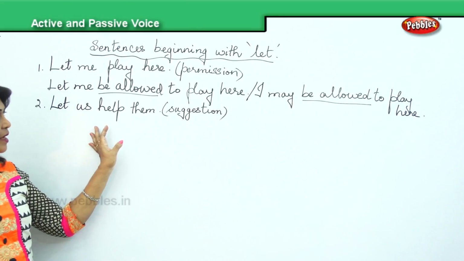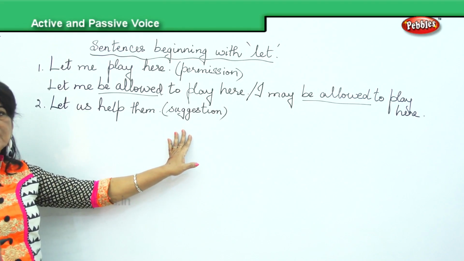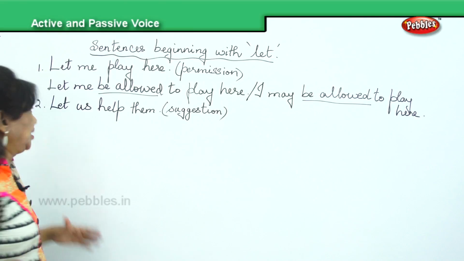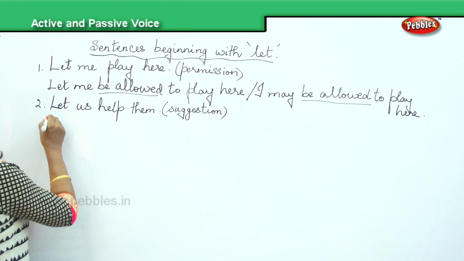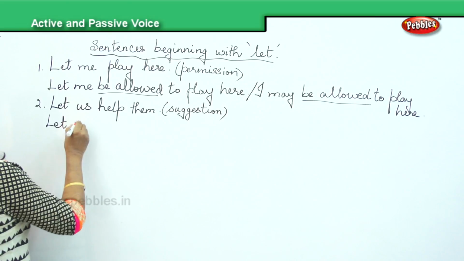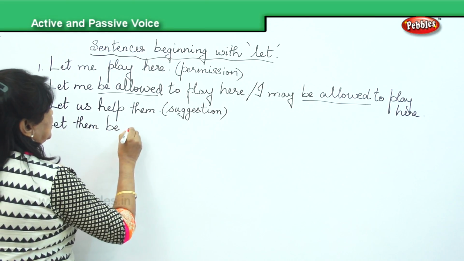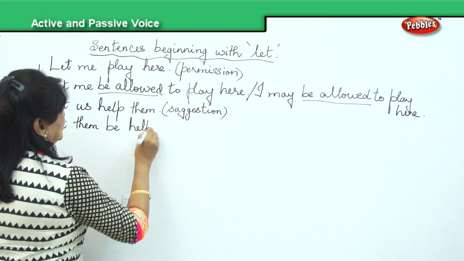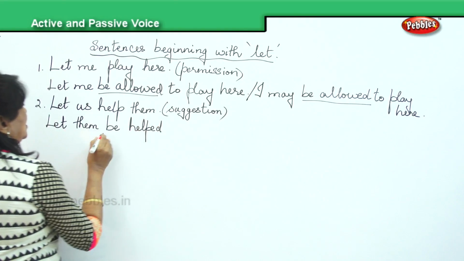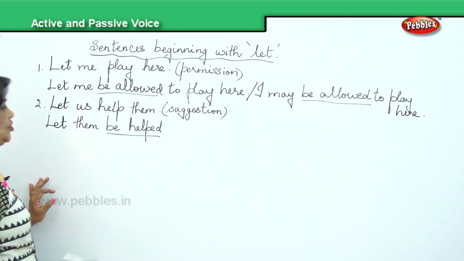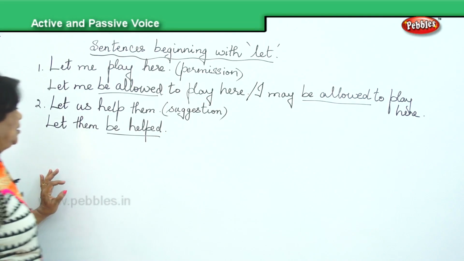Now, let us help them. This is a suggestion, and we are going to see how to change it into passive voice. Let them be helped. See, be helped changes it into the passive voice.